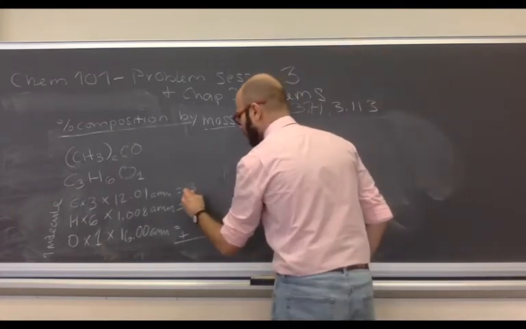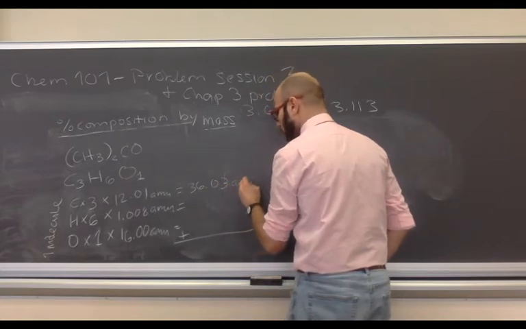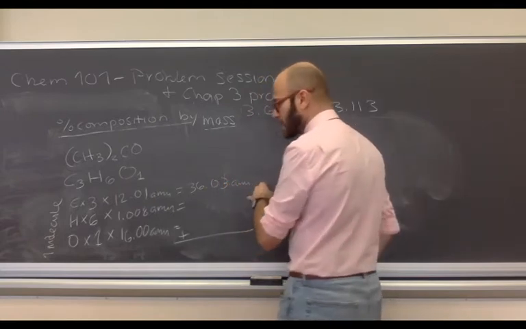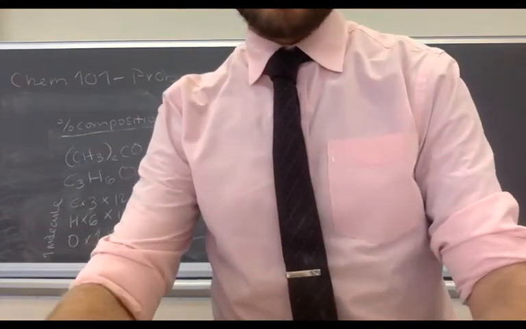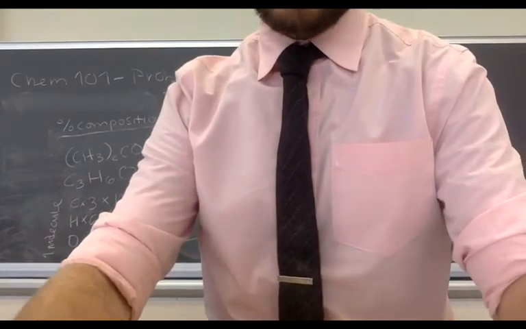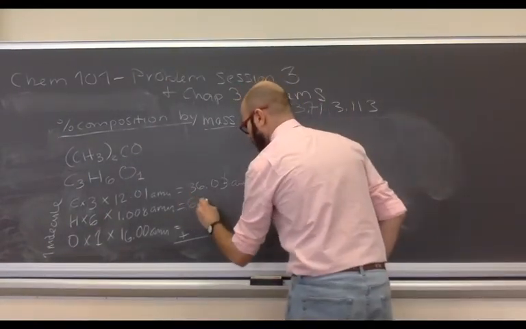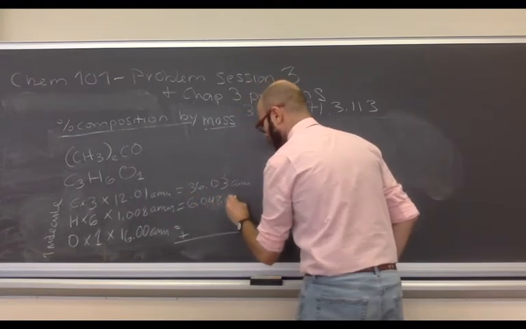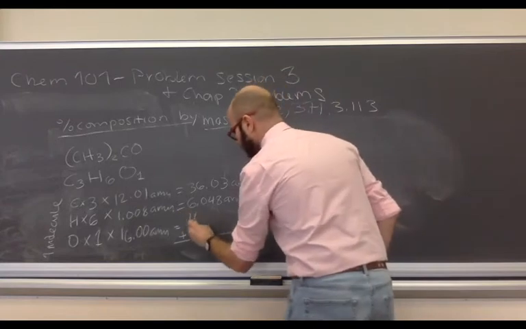That would be 36.03 AMU total, right? That's per 3 carbon. Then we have 6 times, I don't know the 8 times table that well, 6 times 1.008 is 6.048 AMU. And then last but not least, we just have our 16.